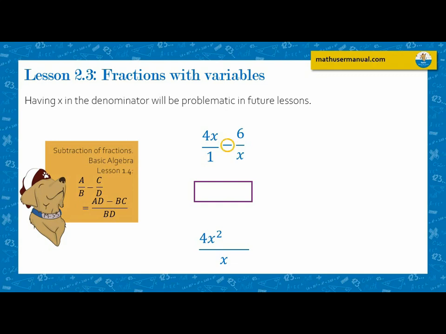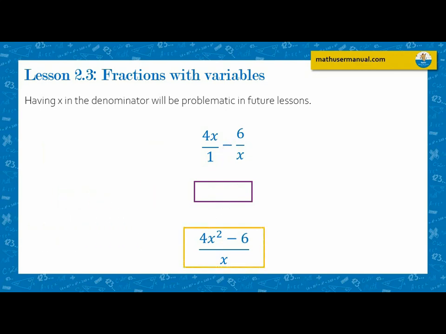But let's not forget this is a subtraction, so we copy the subtraction sign in the middle, and the other cross multiplication is 1 times 6. Well, this is just 6, and it goes into our fraction. So 4x minus 6 over x, we can turn it into 4x squared minus 6 divided by x. Then again, it actually seems more complicated than what we had at the beginning, and the x is still in the denominator. But remembering this technique will come in handy in future lessons and future courses.